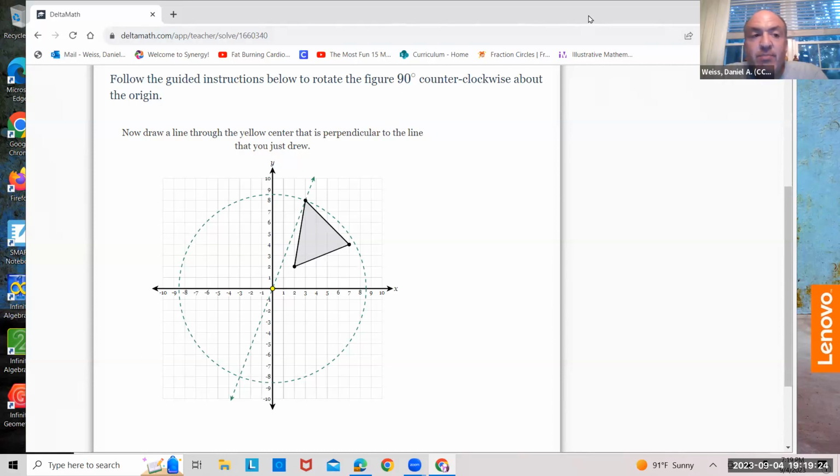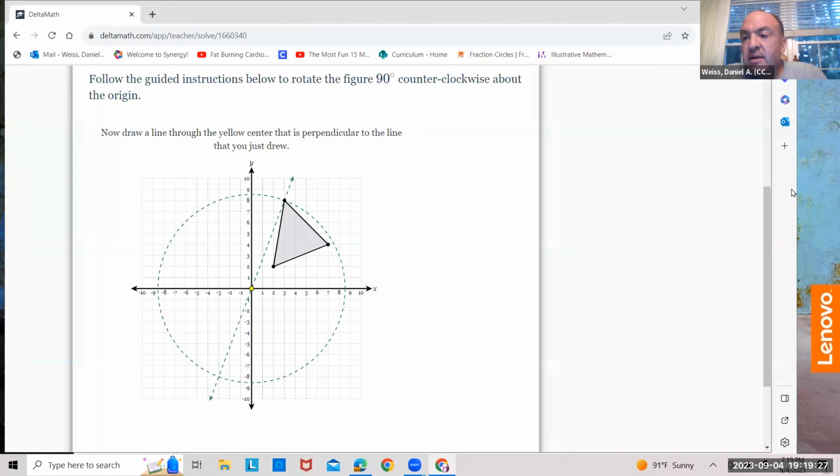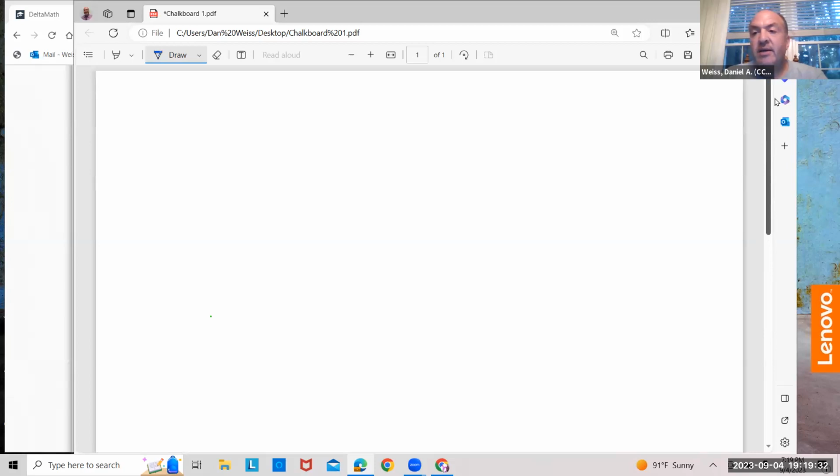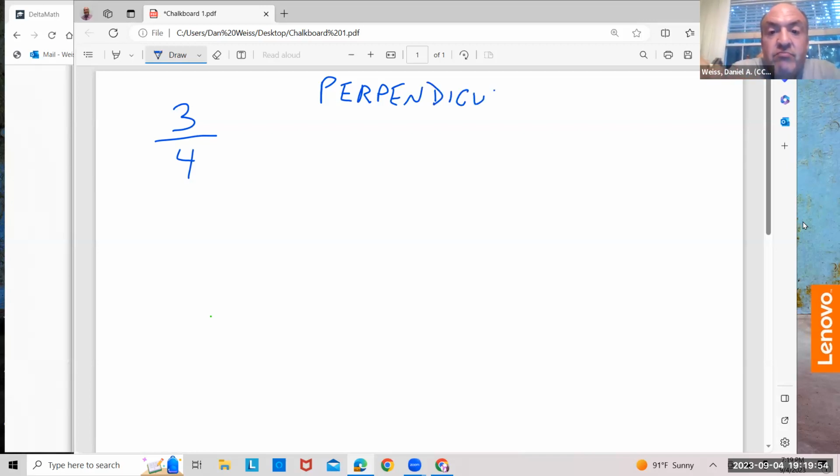Now we have to talk about perpendicular. Do you remember what perpendicular is? Let's talk about what perpendicular is. First of all, if a slope is up 3 and over 4, then a perpendicular slope would be -4/3.